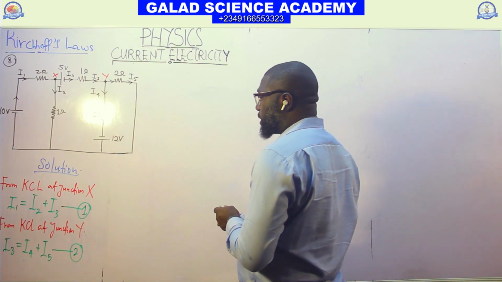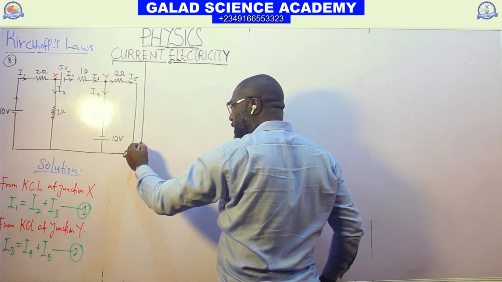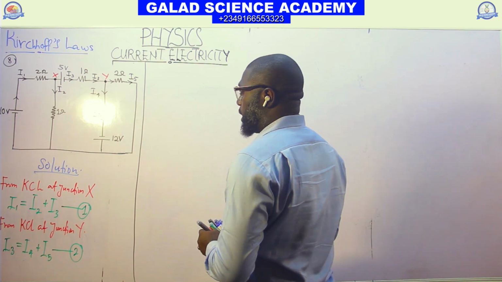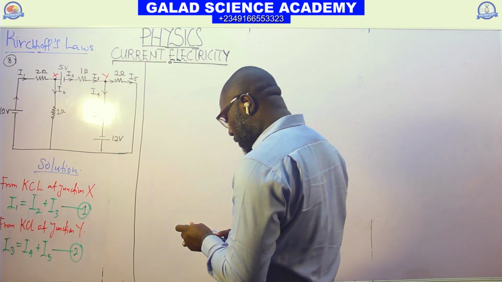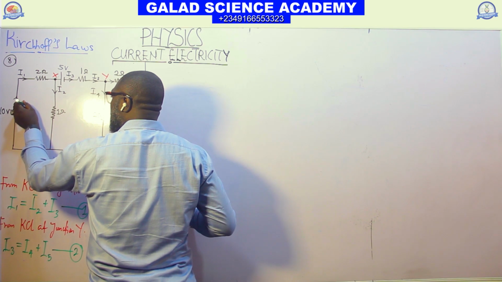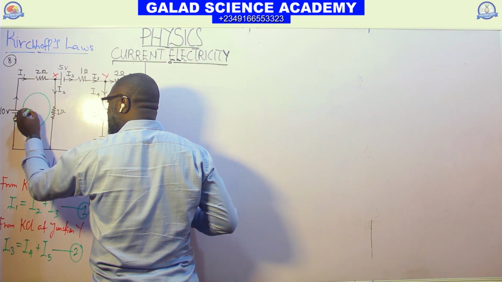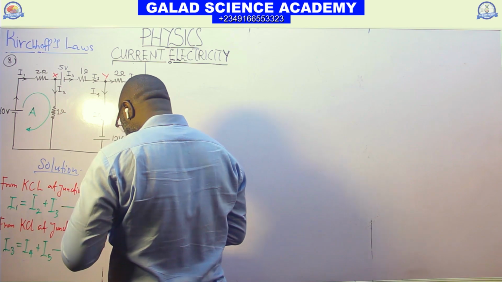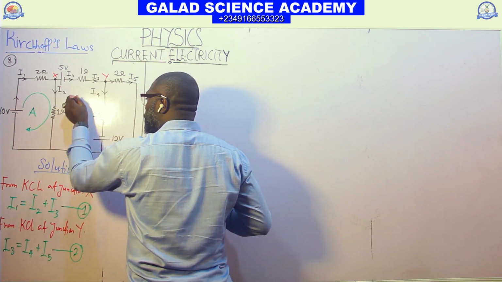If you are done with that, the next thing we need now is to take the loops of the circuit. Take the first loop here, like this. Let me call it loop A. Let's take the second loop here.